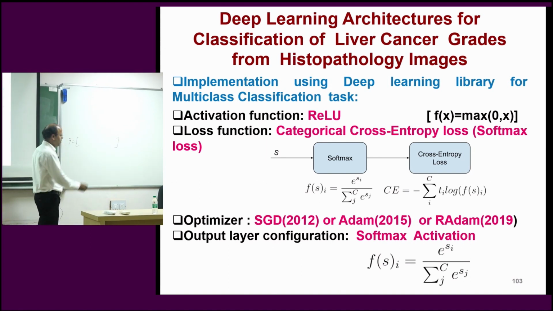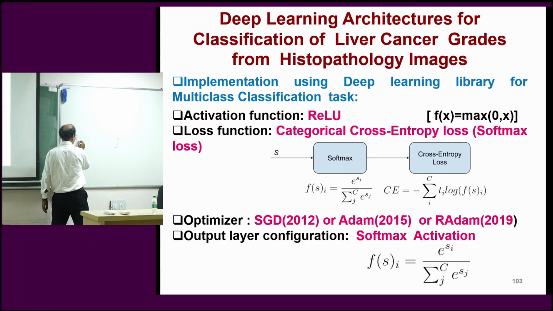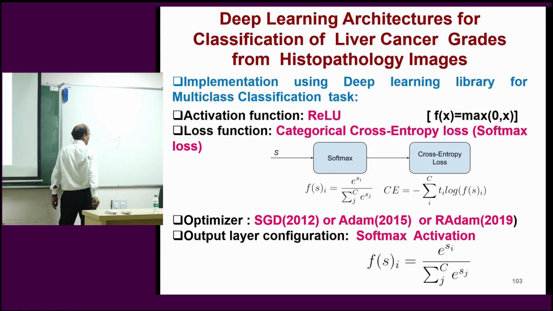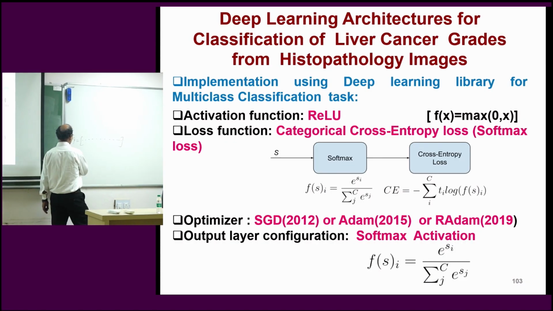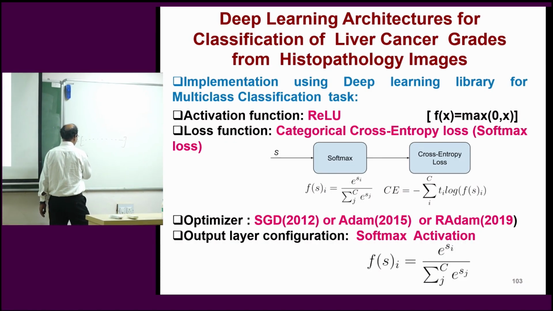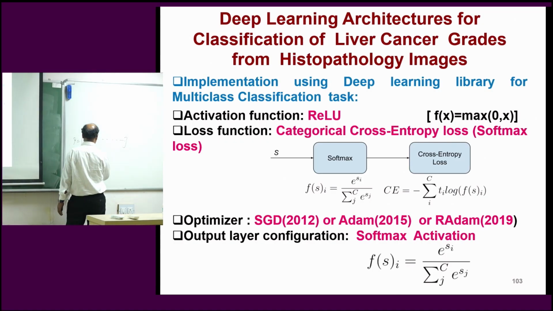Then you need to get the final class: y underscore class, the predicted class, will be the argmax of y hat.